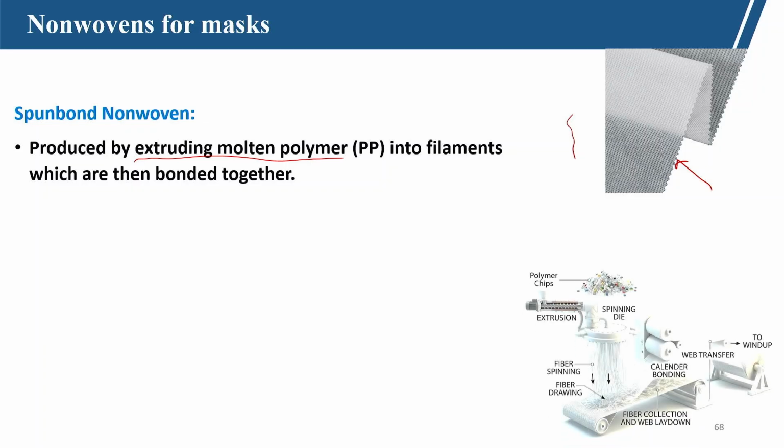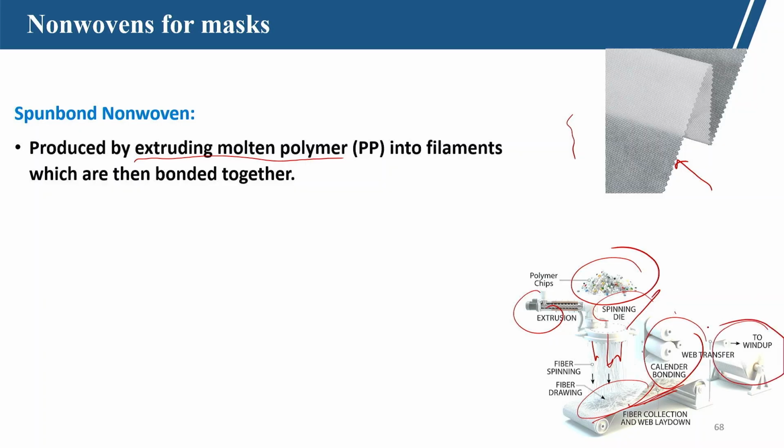Filaments are bonded together. Here you can see the polymer chips and extrusion, the spinning die, that is a spinneret, through which the filaments fall on a conveyor belt. Depending on the speed, the thickness of the fiber web can be controlled, and finally they are bonded by calendering or needle punching or other means, and ultimately we get the nonwoven fabric.